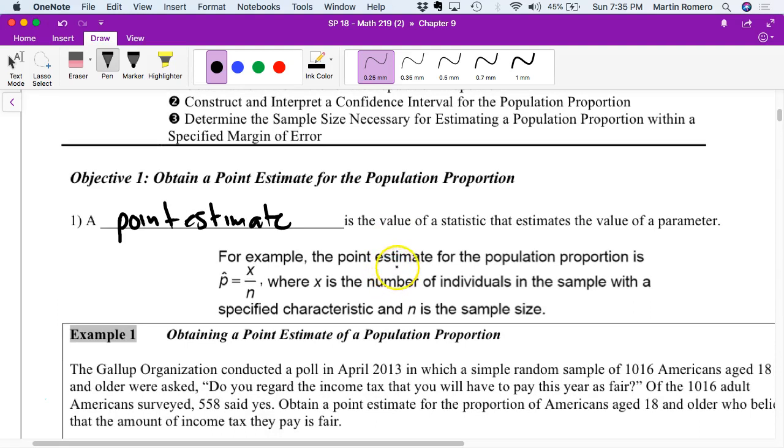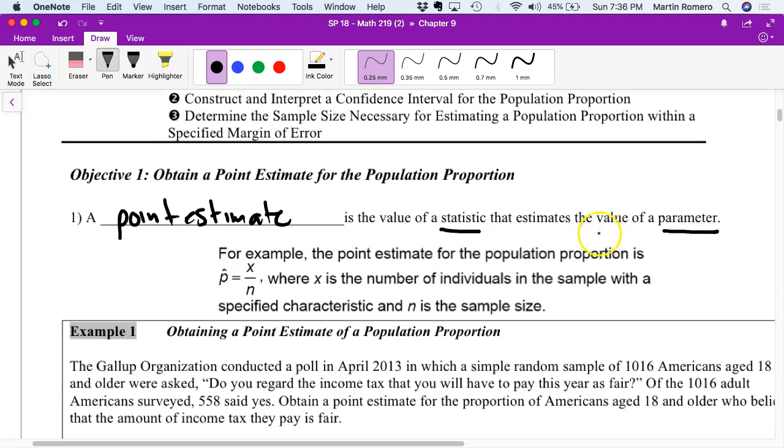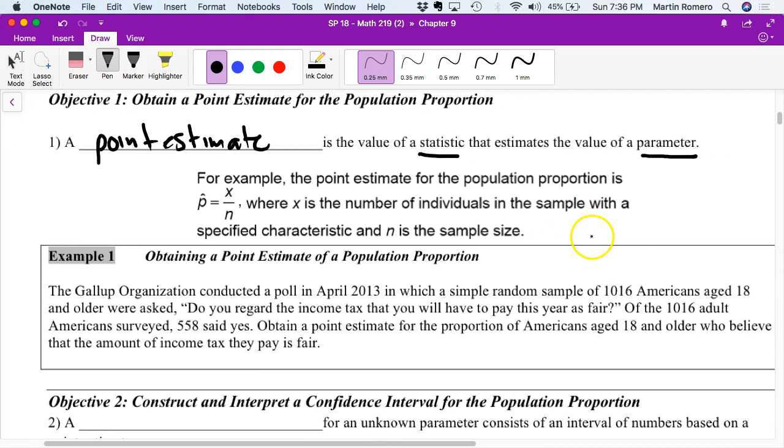And what we call a point estimate of a population proportion. If I said what percent of the students in the class believe in aliens, you would give me a point estimate, some proportion, 30%, 40%, 50%, something like that. This is the value of a statistic that estimates the value of a parameter. So you take a sample to get a statistic, and that estimates the value of the parameter, which represents the population.